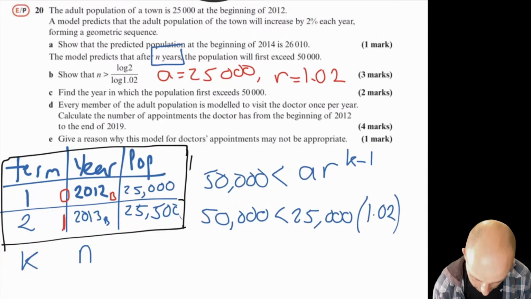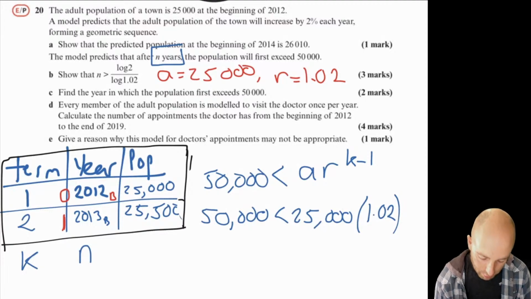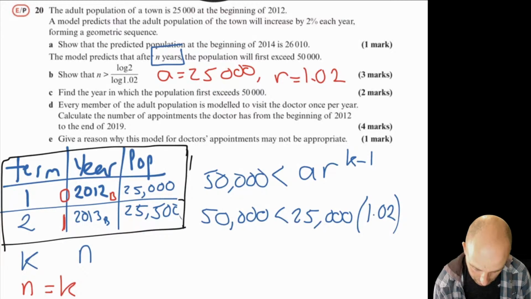So we'll say that term 1, so k, when k is 1, n is 0. K is my term, n is my year. Year, it's k take 1.